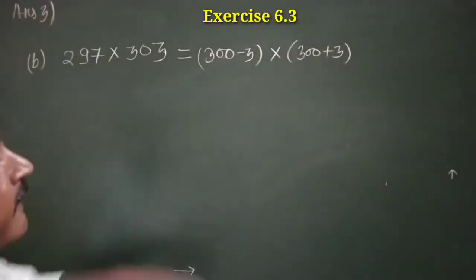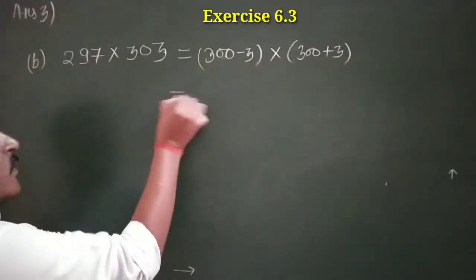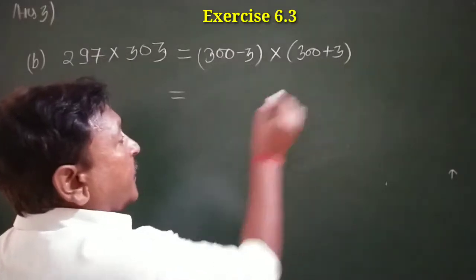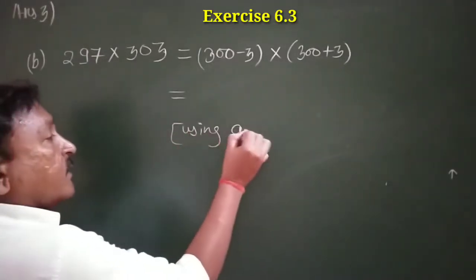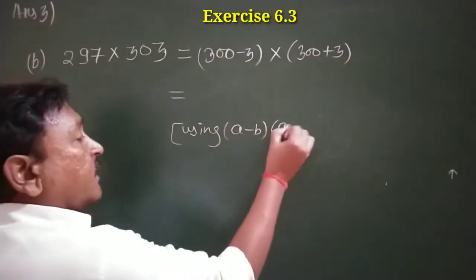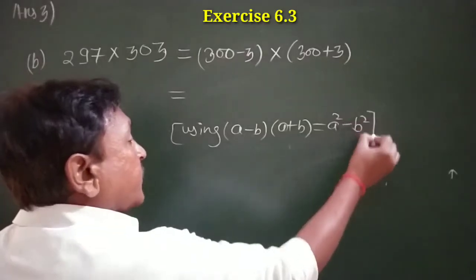So we can apply the identity (a minus b)(a plus b), which equals a square minus b square.